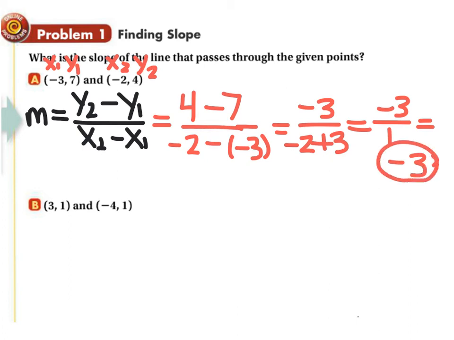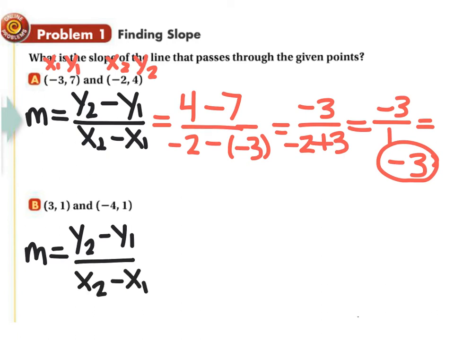In the second example, I'm going to do the same thing. So I'm going to plug it into my original slope formula of y2 minus y1 over x2 minus x1. So I have to first identify what I want to call my points. My first coordinate is going to be x1, y1, and the second one is x2, y2.